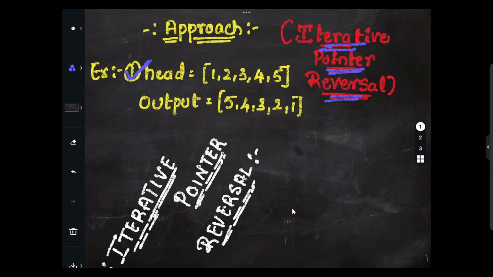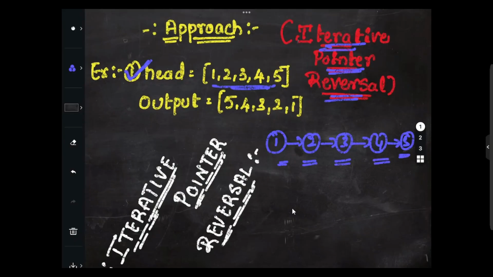I have considered the first example here so that it will be easier to understand. The first example that they have given in the question, we have already discussed. We have the elements 1 2 3 4 5 in the linked list. When we reverse this, we need to get 5 4 3 2 1.